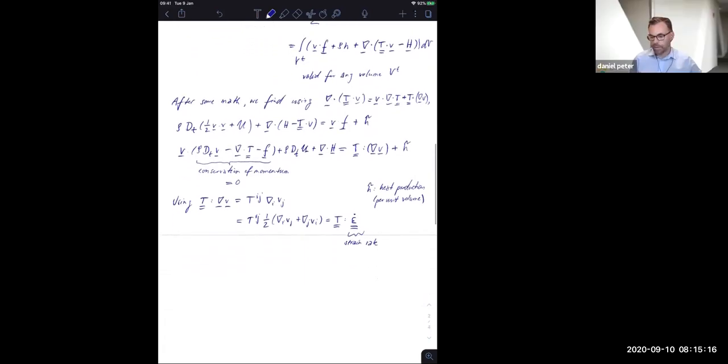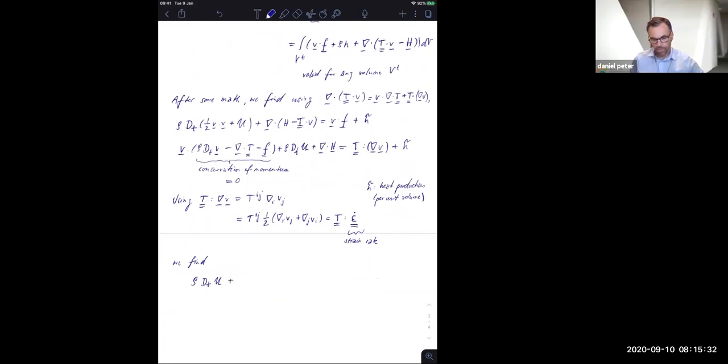So let's write it with this strain rate, then we find rho, the derivative of the internal energy U, the divergence of the heat flux, this term is equal.